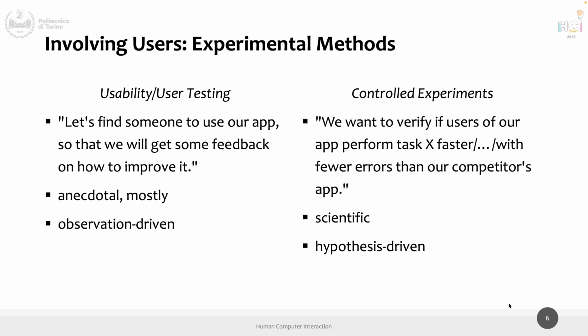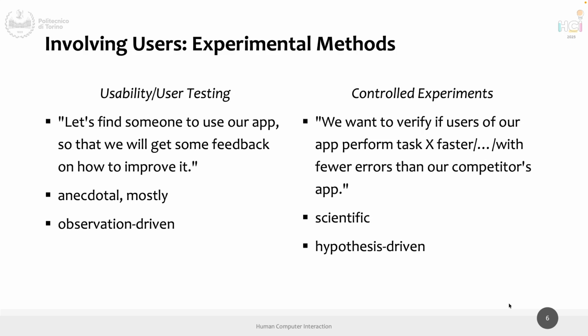On the other side of experimental methods, we have controlled experiment. Controlled experiments are more scientific, are more hypothesis driven, and are not part of what we're going to cover in this course.